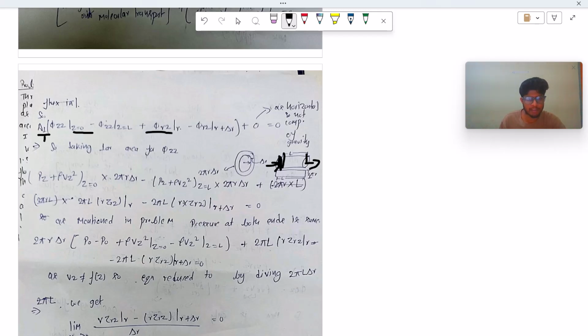And the next component is phi rz: phi rz at r minus phi rz at r plus delta r, plus 0, as there is no gravity component in the horizontal direction.